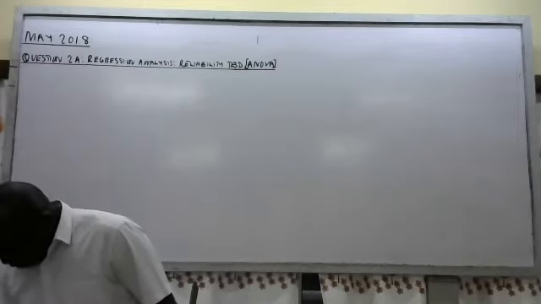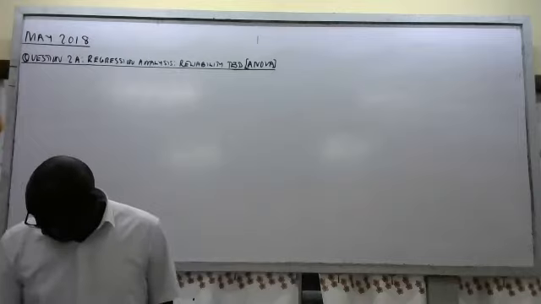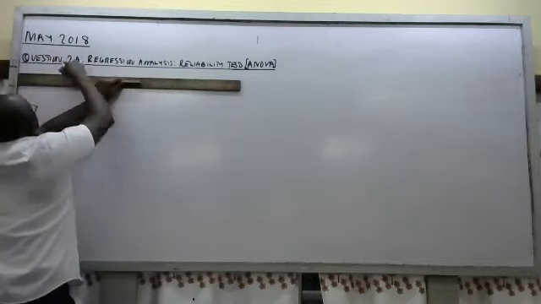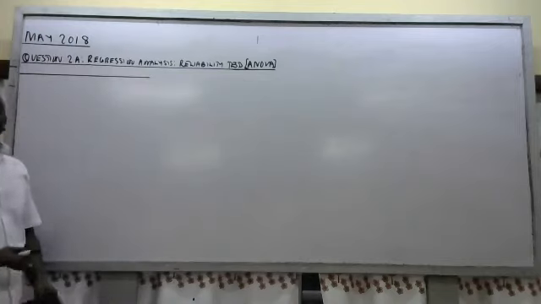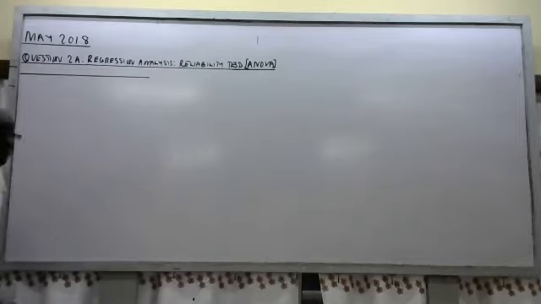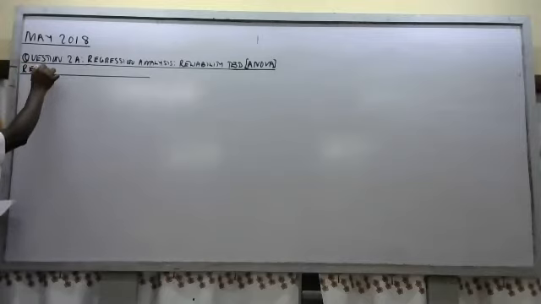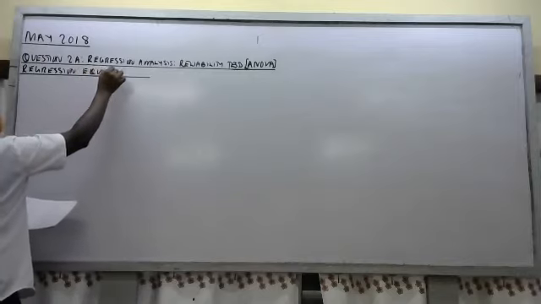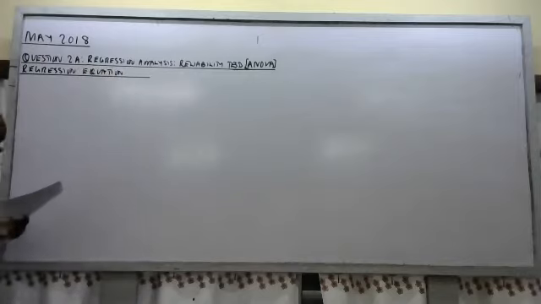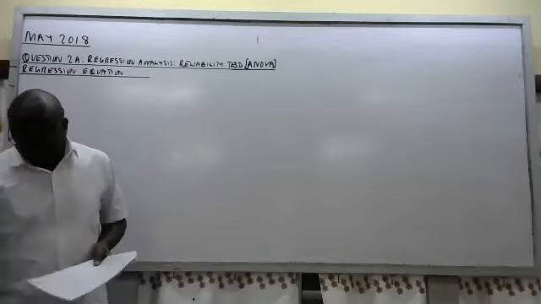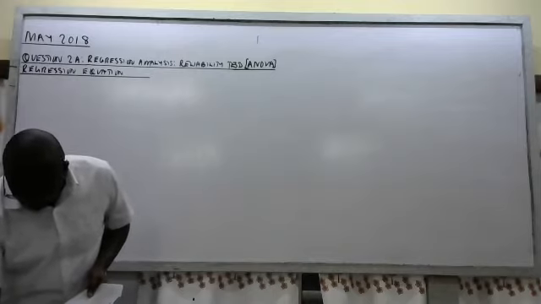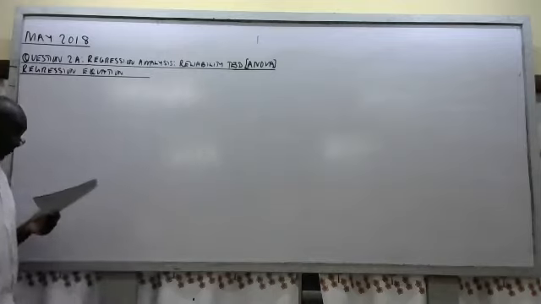So number 1, we are told to do the regression equation, and we are told to round our answers to 2 decimals.